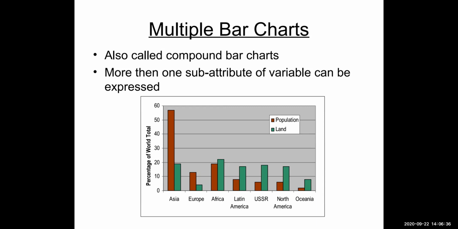Here we can see the percentage of the world total, with the various population and land. The one in red is population and the one in green is land. So we can make out that Asia has the largest population from this multiple bar chart.